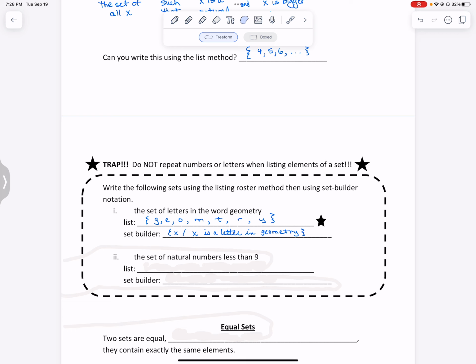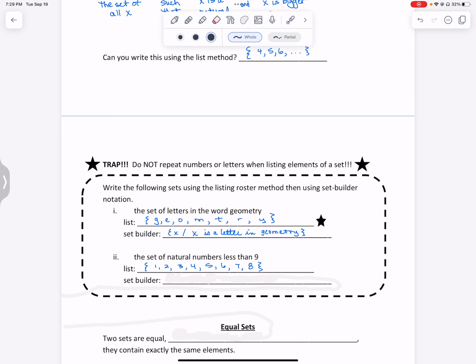The set of all x such that, and then I just wrote out x as a letter in geometry. Okay. So here's another one. The set of all natural numbers. Remember, natural numbers are numbers we naturally count with. So 1, 2, 3, 4, 5, 6, 7. But it has to be less than 9. So it's going to start with 1 and go up to 8 because it's got to be less than 9, right?